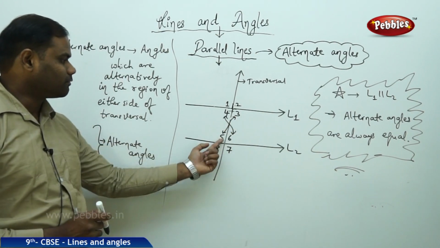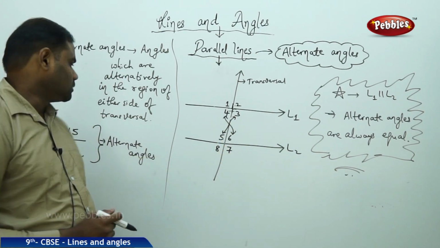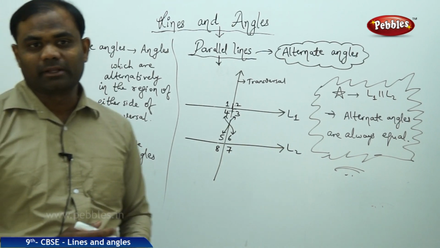Alternate angles 3 and 5, 4 and 6 in the pair are equal in parallel lines.